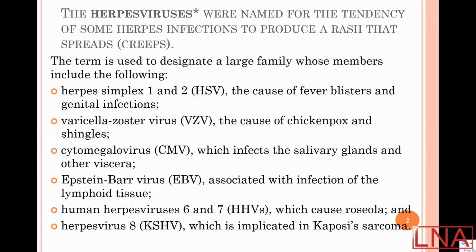And the last one, herpes virus 8, is associated with Kaposi sarcoma. Kaposi sarcoma is a very common clinical manifestation, a particular disease during AIDS, the last stage of HIV.